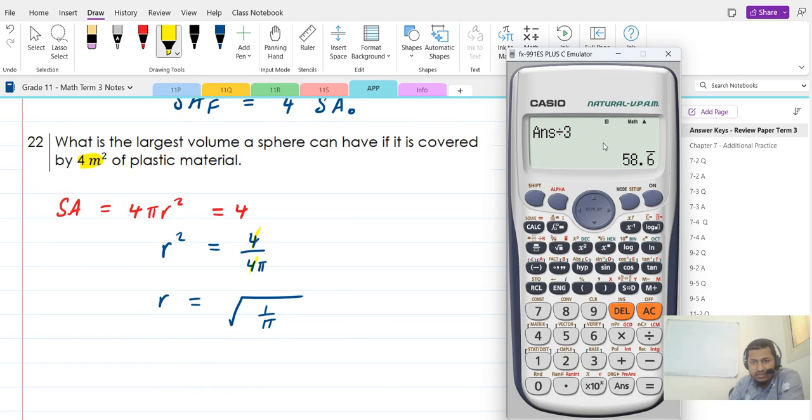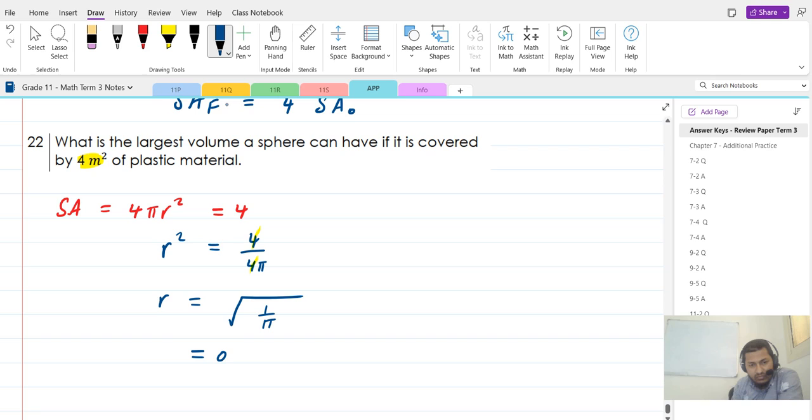So we will get a decimal value. Try to use more decimals. So square root of 1 over pi is 0.5642. That's the answer, and it needs to be positive, which is why we're not putting plus or minus in front.